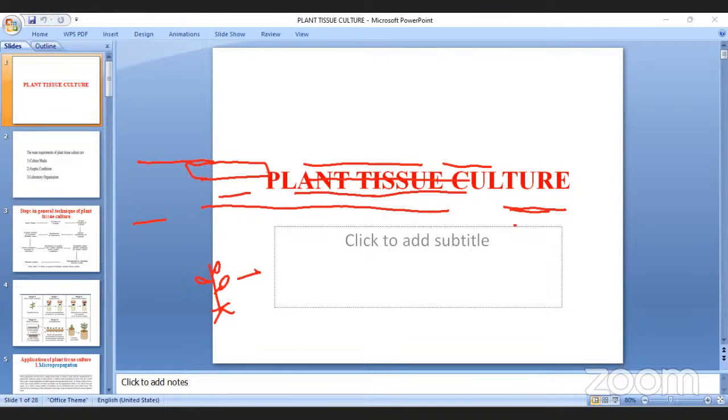From the one plant, you select different explants. After sterilizing, these are all transferred into the medium.